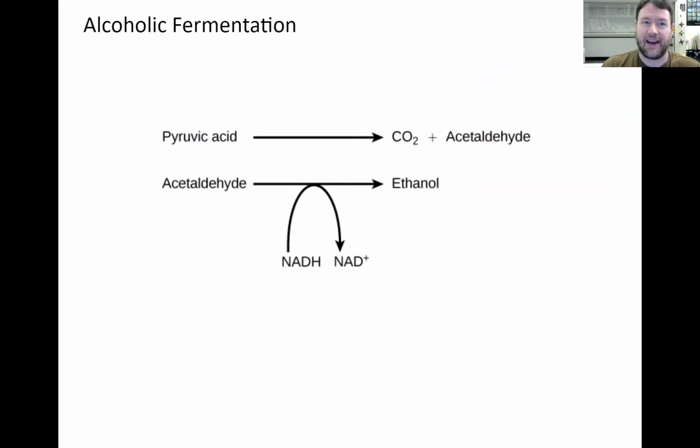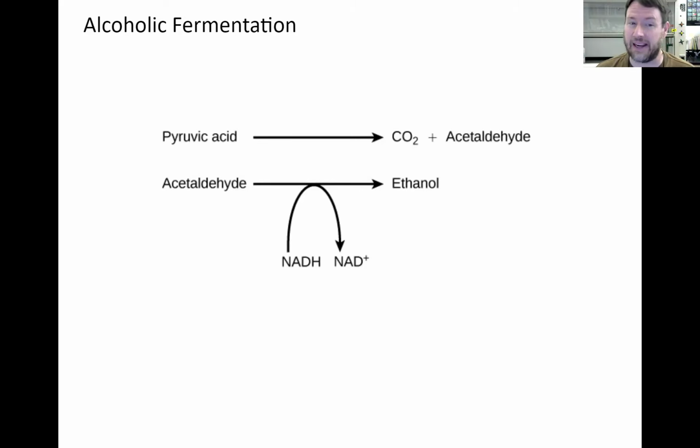Okay. What about the other type of fermentation, alcoholic fermentation, the one that the yeast are doing? Well, yeast, if they had their choice, would rather do aerobic cellular respiration, like 34 to 36 ATP per glucose versus 2.